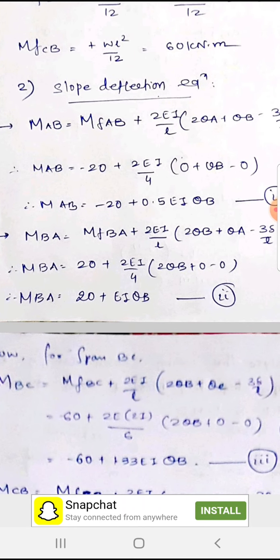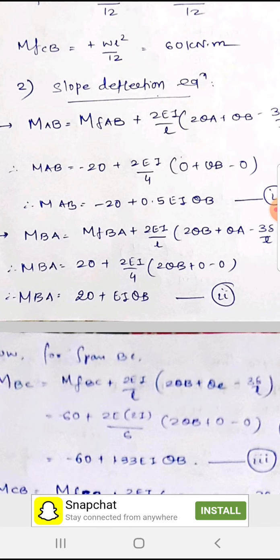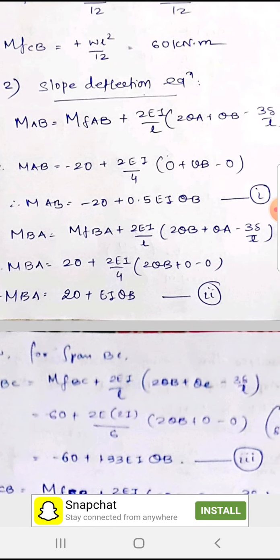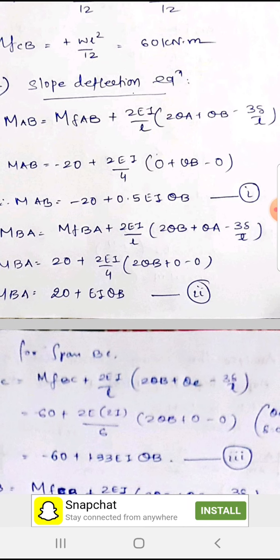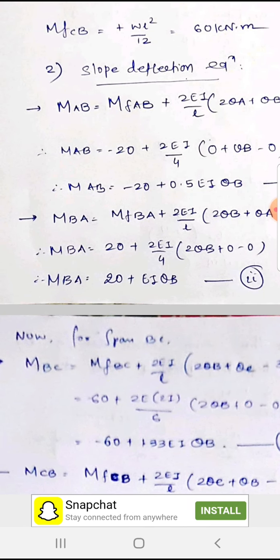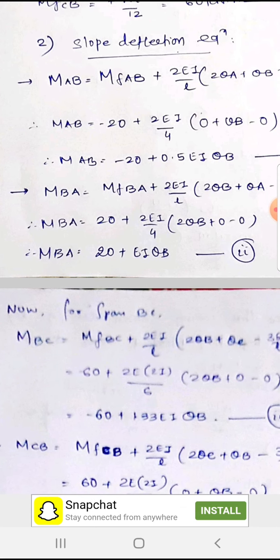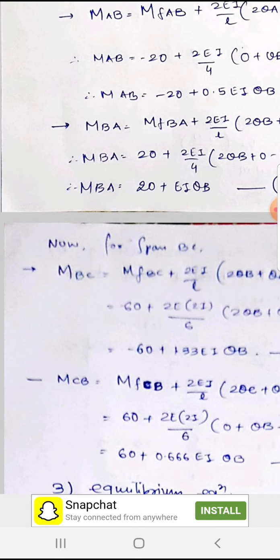Again the same thing for B to A. MBA is equal to MFBA plus 2EI upon L in the bracket 2 theta B plus theta A minus 3 delta upon L. Theta A and delta are 0. Again we get moment from B to A is equal to 20 plus EI theta B. This is our equation number 2.